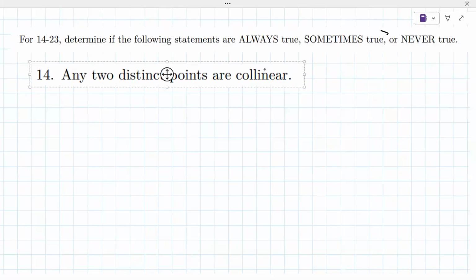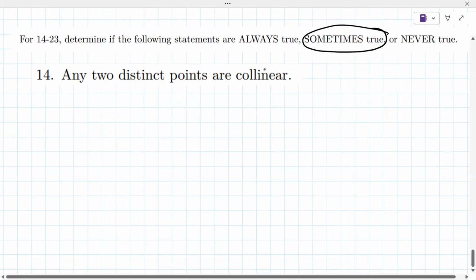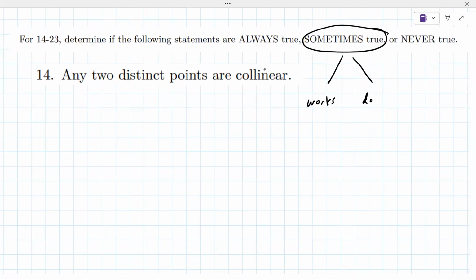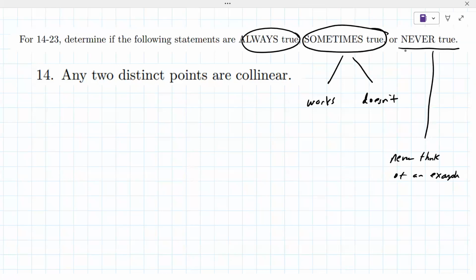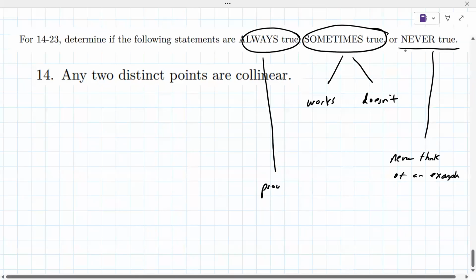It's easiest if it's sometimes true, because you've got to find one example that works and one that doesn't. Never true means you can never think of an example, but that's limited by your ability to come up with things, so that's harder. And always true is actually a proof. You're going to do a bunch of proofs in this class in the first semester.